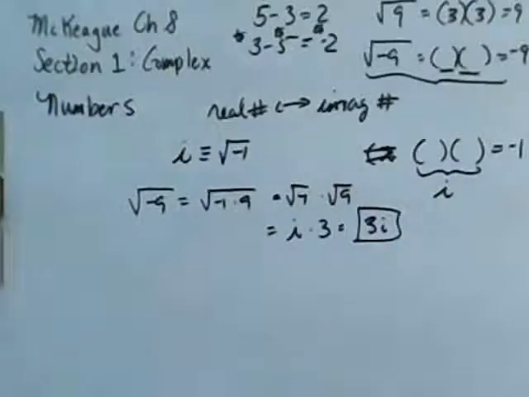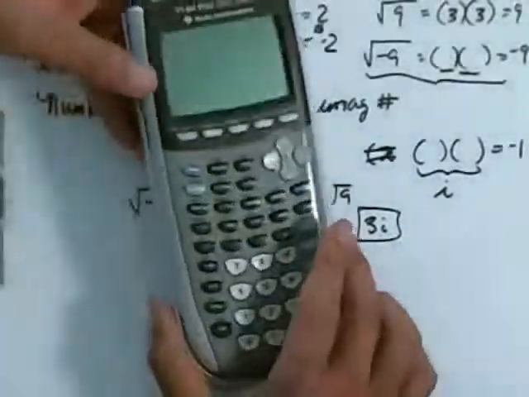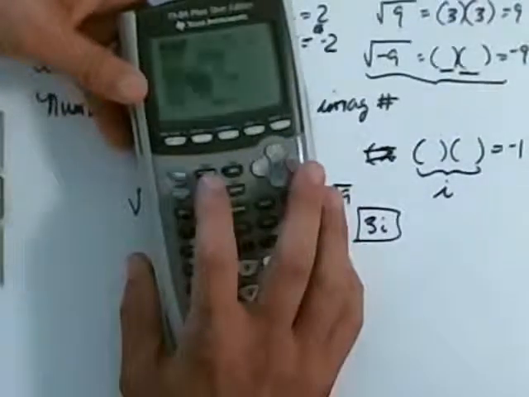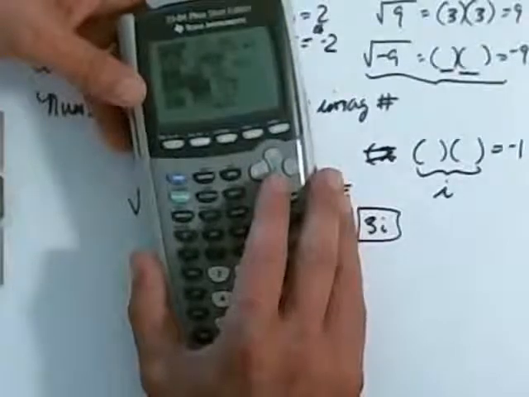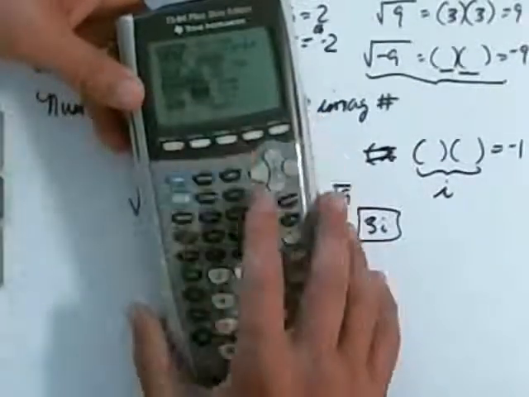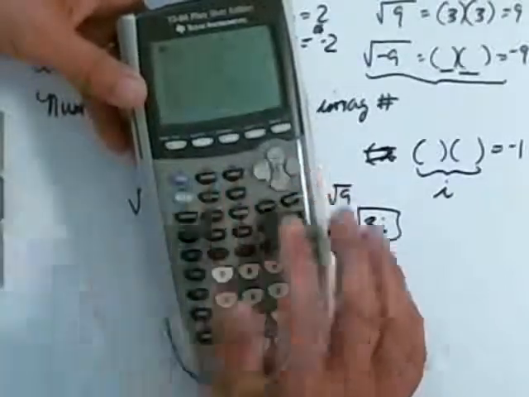Okay? And I'm going to show you how to do that on your calculator a little bit. I don't know if you can see that or not. Turn it on first. And make sure on your mode right here, you're in the a plus bi mode. Right there, the a plus bi mode. And if you're in the real mode, you can't really work this problem out.